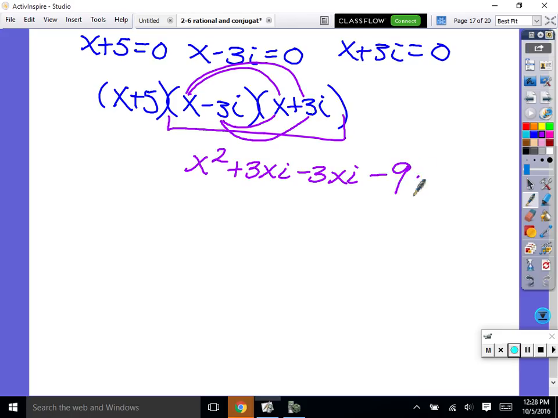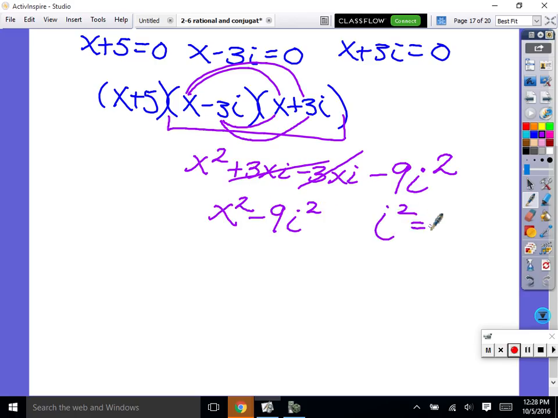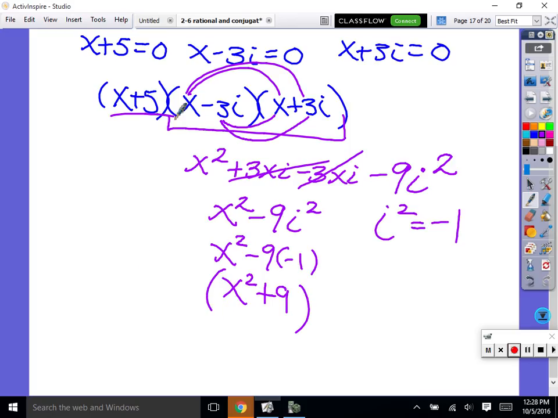Negative 9i squared. Okay, don't our middle terms cancel out for conjugates? So we have x squared, and then we have minus 9i squared. Now we have to remember, i squared is equal to negative 1. So isn't this x squared minus 9 times negative 1? So we have x squared plus 9. Okay, awesome. And now we're going to multiply in x plus 5.